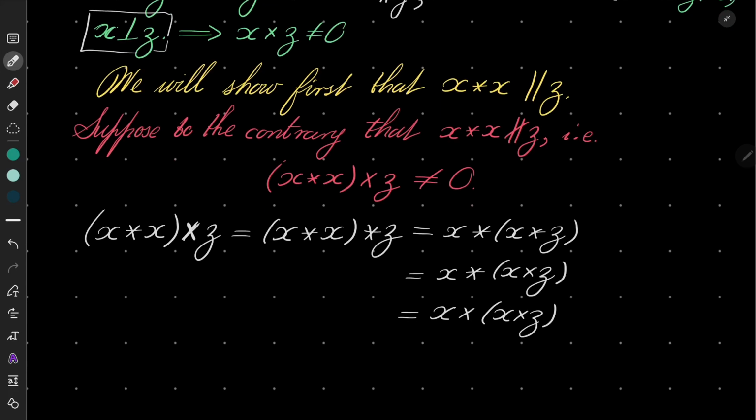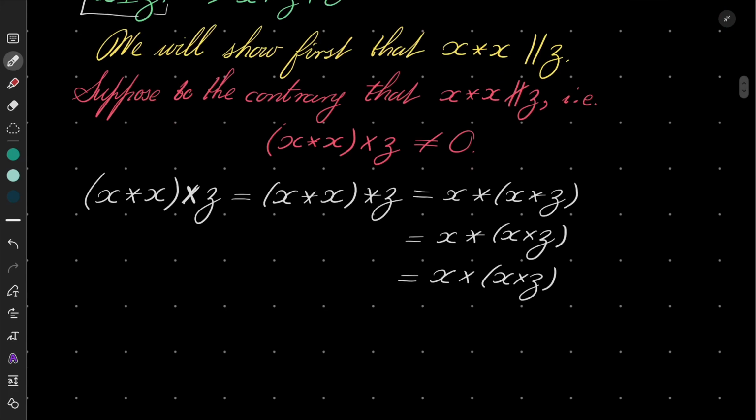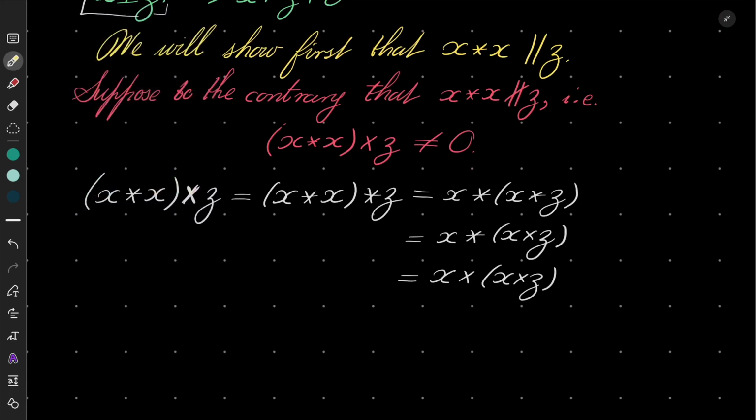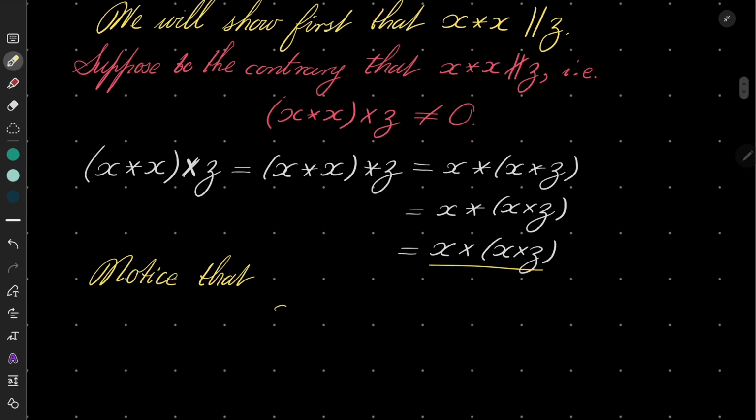Okay. And now I'd argue that we have a problem. Why? Notice that this vector right here, x cross z, well, it's obviously perpendicular to x because the cross product of two vectors is perpendicular to both of them.